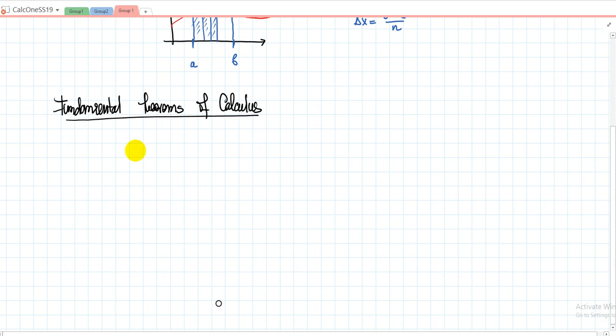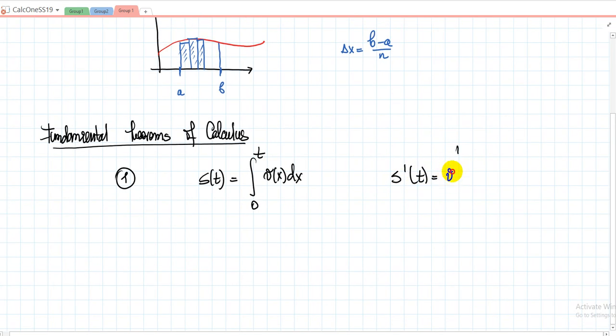The first one tells us, if my function g of x is given as, or let me write it as s of t, okay? So s of t is given as the integration of v of x dx until t, then it appears the derivative of s with respect to t will be equal simply to v at this point, okay?